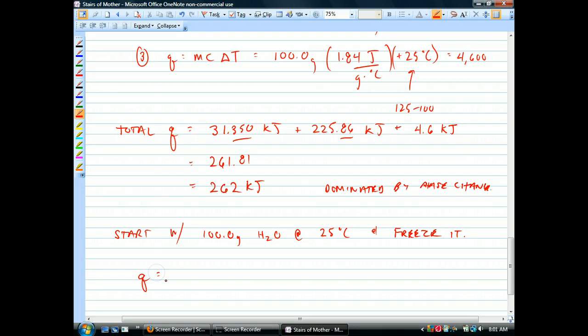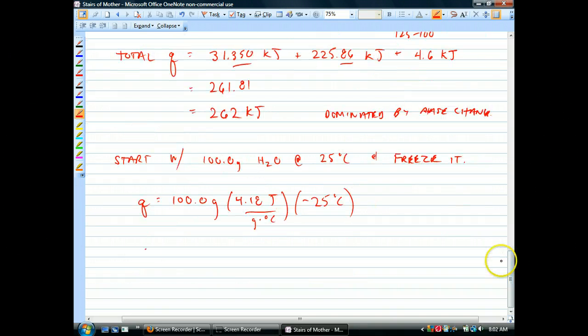Here I only have two steps. First I'm going to cool it down. Now be careful here because we have a negative temperature change. We're going down by 25, and then the next step I'm going to use the delta H of fusion.